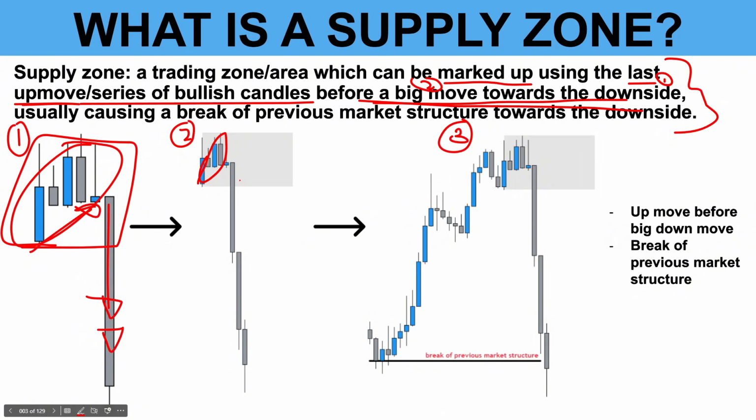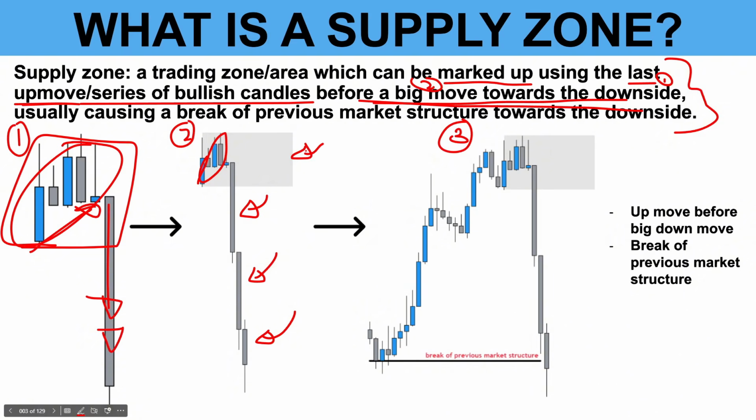We can now see the clear massive move towards the downside, and this can be seen using a very obvious candle which carries a lot of momentum, and usually the next couple of candles will have that. A supply zone must always have a large series of volume following it after we have that final up move. So that is the second part. And again, you mark up your supply zone using a box like such.